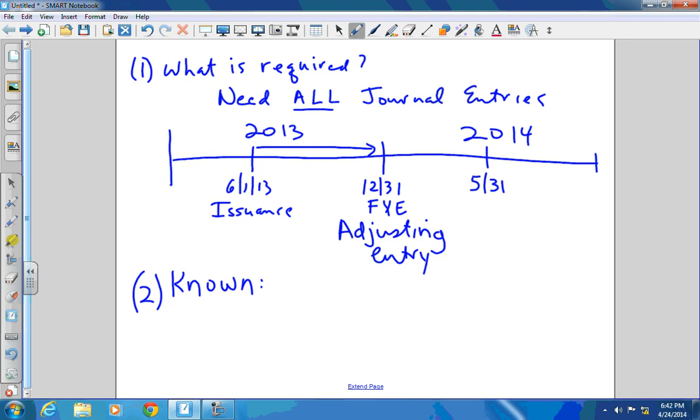And so when we think about what's known, well, we know the face value, and that equals $2 million. And we know the stated rate, and the stated rate is 9%.